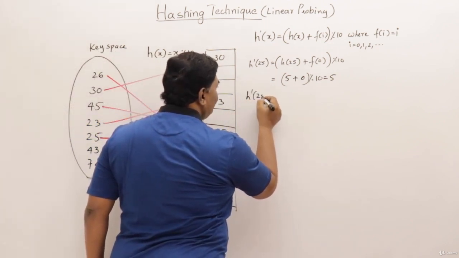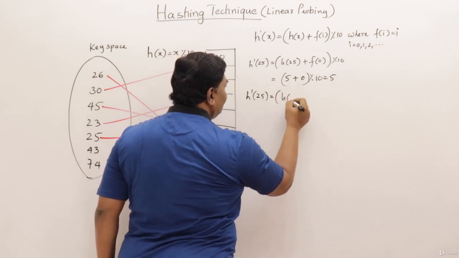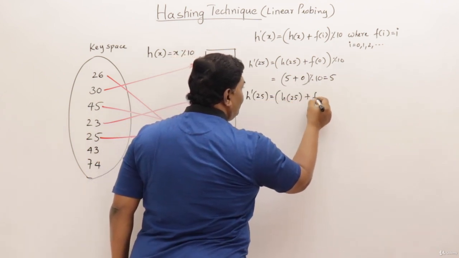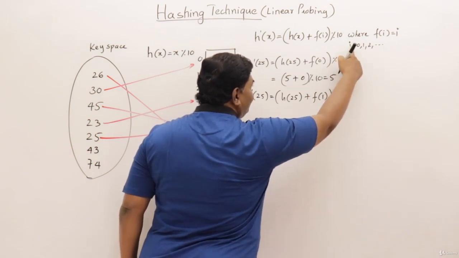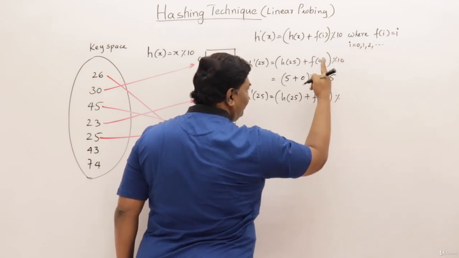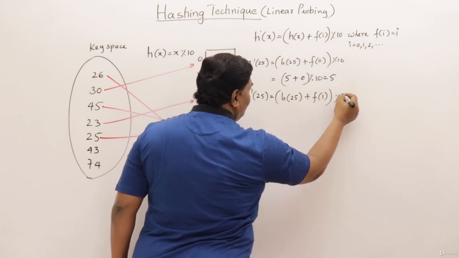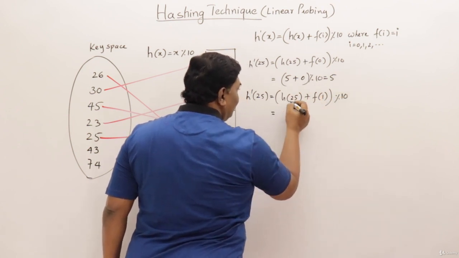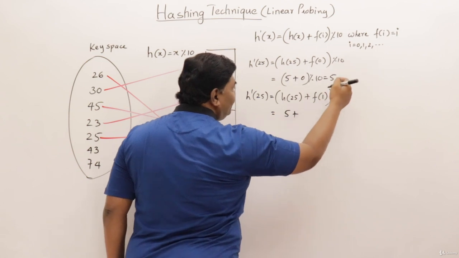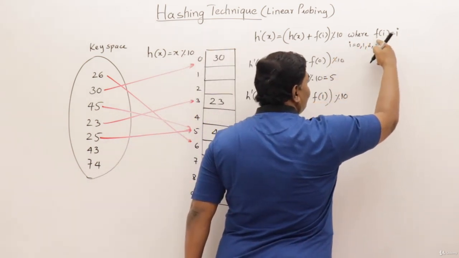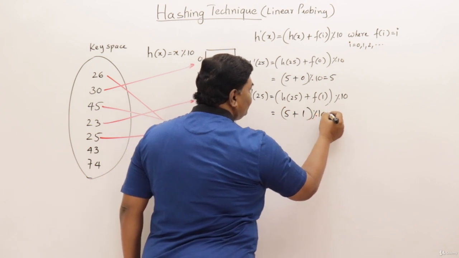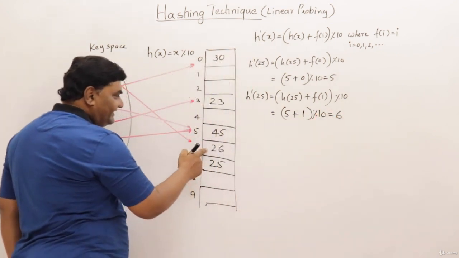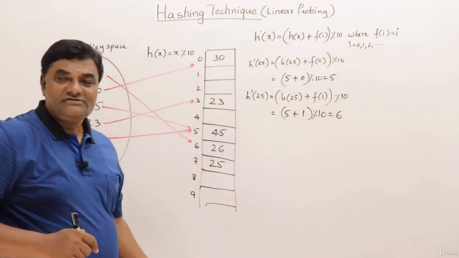Then next, we calculate h dash of 25 once again: h of 25 plus f of 1 this time. The i value is taken from 0 onwards. First 0 we tried, then next 1. So this is 5 plus f of 1, and f of i is i, so 1 is 1 only. 1 mod 10, so the result is 6. Check at index 6. Already a key is there. It's not vacant.